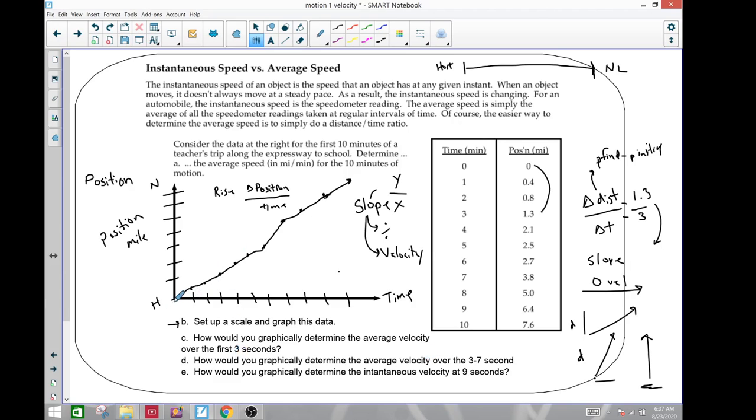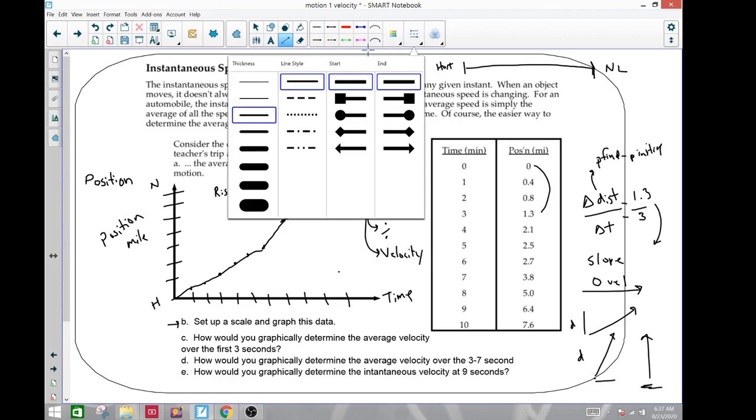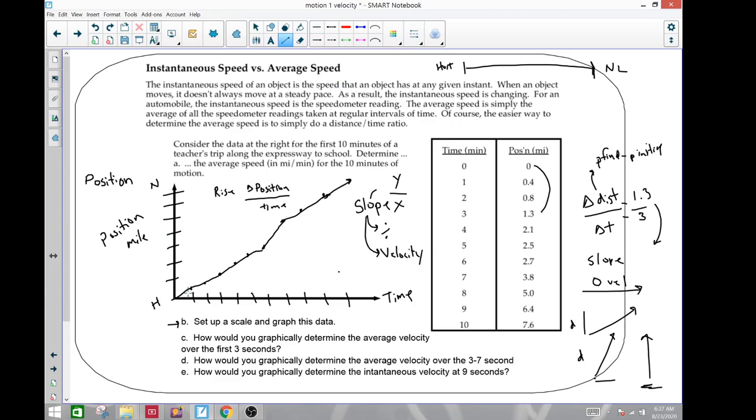So how do I do this graphically? Okay, so we're looking at slope here. To do it graphically, I'm going to maybe use a line. And all we do is, let's use a different color. Keep it thin. All right, so what I do is I start from my initial point and I draw a line to the time. Now 1, 2, 3.